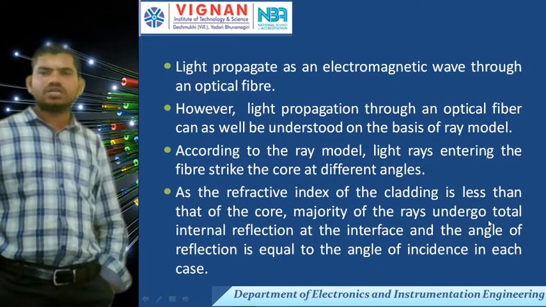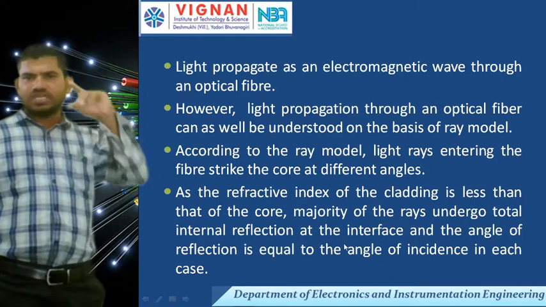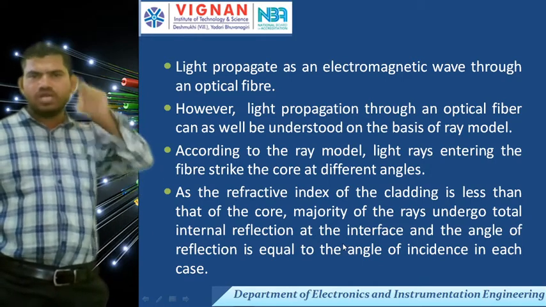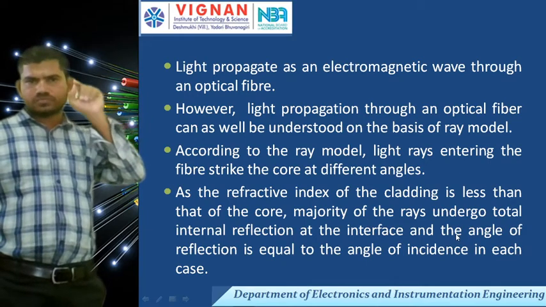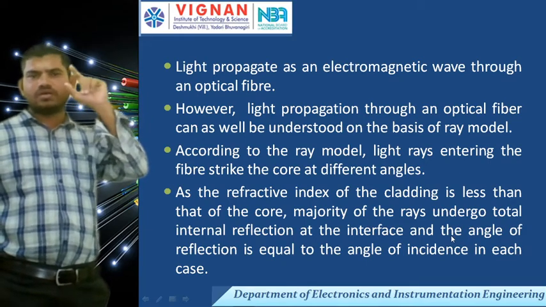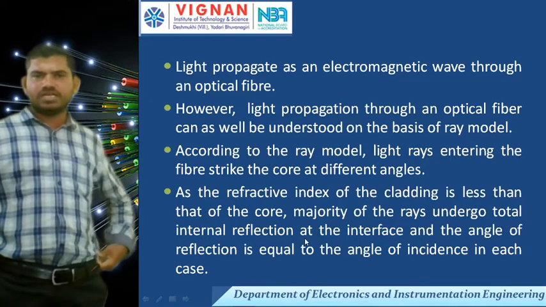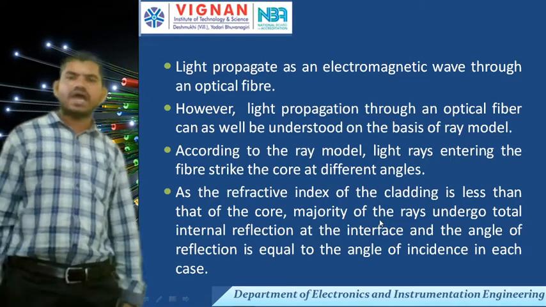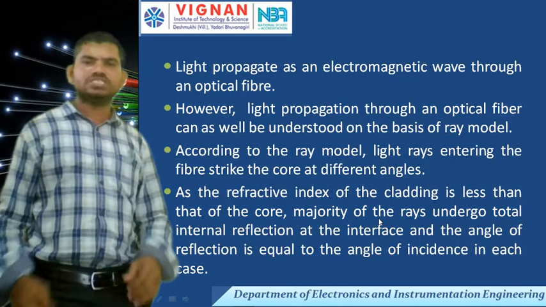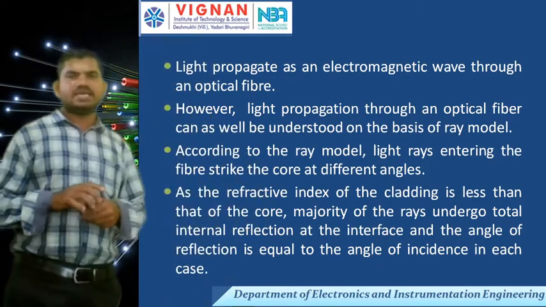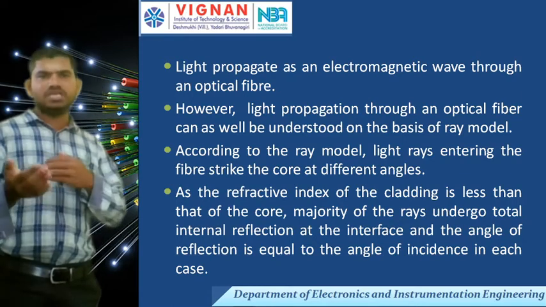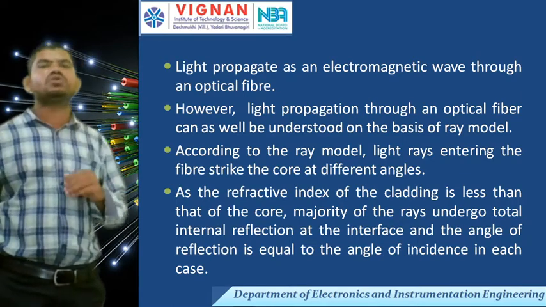The majority of the rays undergo total internal reflection. If this condition is satisfied, then only total internal reflection occurs in that core. At the interface, the angle of reflection is equal to the angle of incidence in each case, theta i equals theta r.